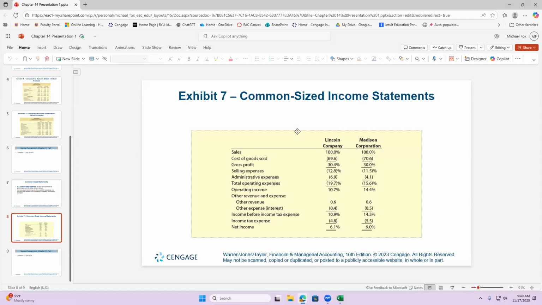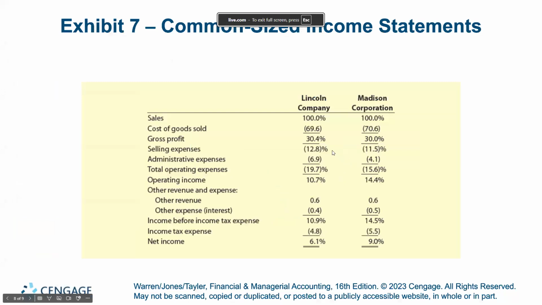And you can see with this company, their gross margin here, which is the gross profit as a percentage of sales, is really close. One's at 30.4, the other's at 30%. So they're both managing their cost of goods sold pretty well. In fact, Lincoln has a slightly higher gross profit percentage than Madison.